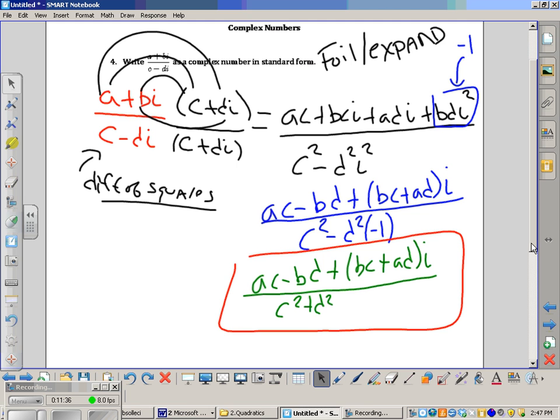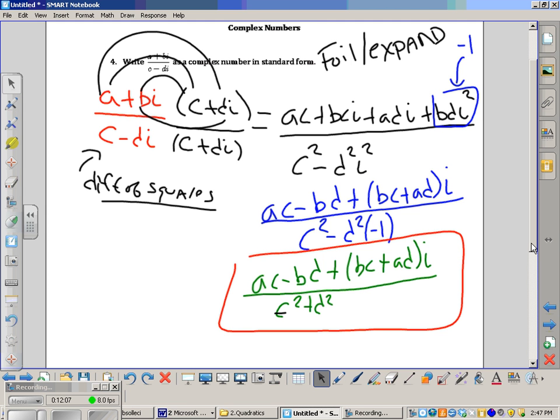If you notice, I have gotten rid of the di. I've gotten rid of the imaginary part in the denominator. I've rationalized the denominator by multiplying by the conjugate. I think this is the most difficult problem on these note sheets, for sure. The answer: ac minus bd plus bc plus ad, that whole thing times i, divided by c squared plus d squared. Oof.